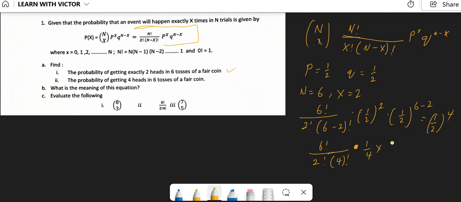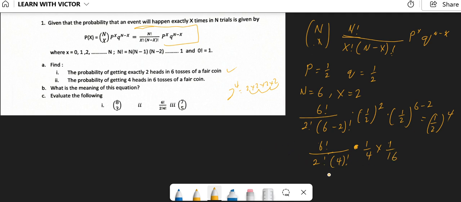So 2 to the power 4 means 2 times 2 times 2 times 2. So 2 times 2 is 4, 4 times 2 is 8, 8 times 2 is 16. So we have 1 over 16.